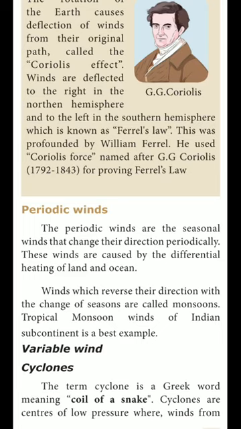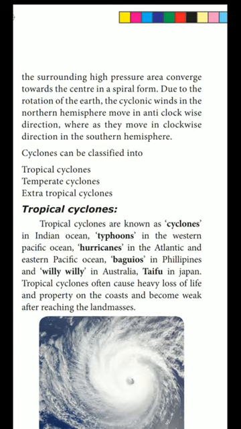Due to the rotation of the earth, the cyclonic wind in the northern hemisphere moves in an anti-clockwise direction, whereas it moves in a clockwise direction in the southern hemisphere. So the cyclone in the northern hemisphere moves anti-clockwise, whereas in the southern hemisphere it moves clockwise.